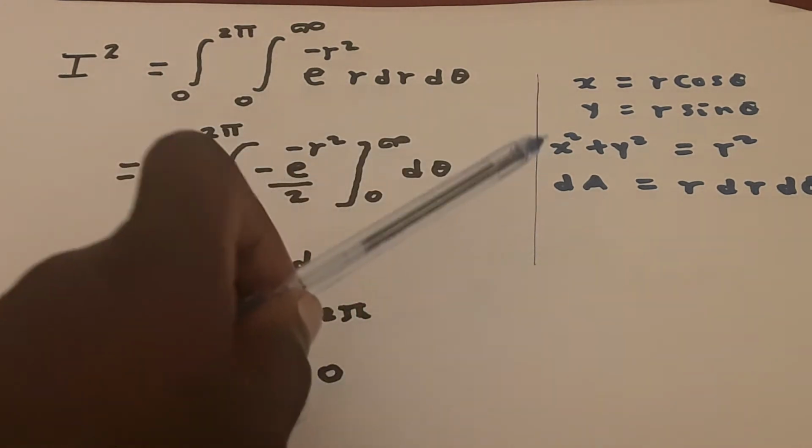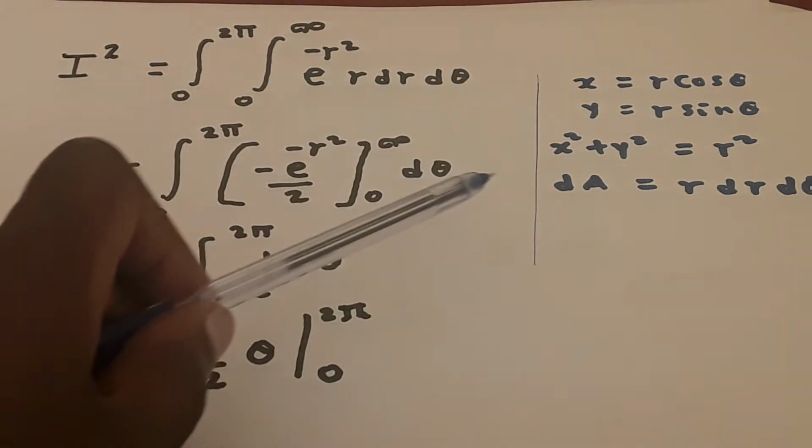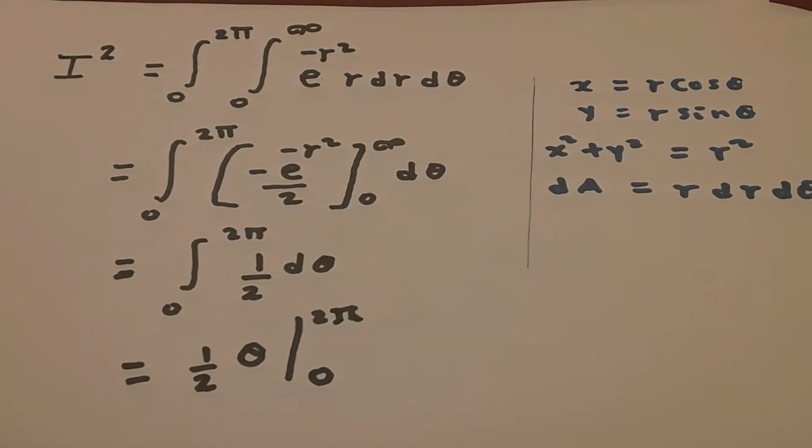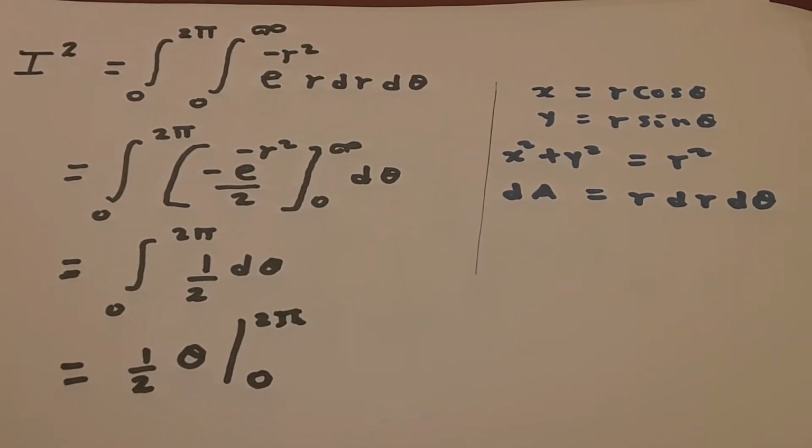If x is r cos theta and y is r sin theta, then x squared plus y squared is r squared. dA means the small increment in area, that means dx dy. So instead of dx dy we have r dr d theta, using the Jacobian transformation.